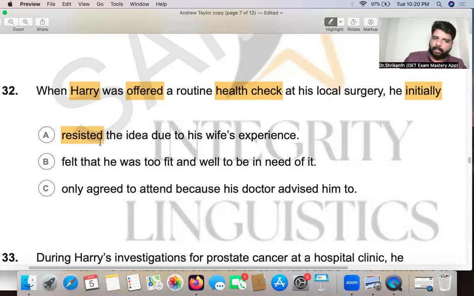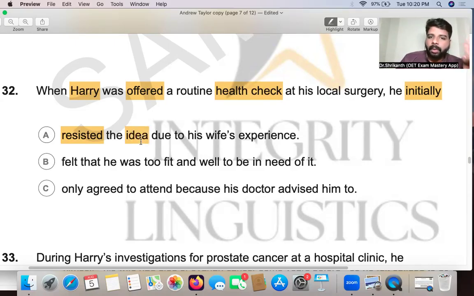Resist basically means to decline, to oppose something. That is what we call resistance. When you are not welcoming it, but you're basically opposing it, you are declining certain things, what we call resisting something. So when he got this offer, he resisted the idea.